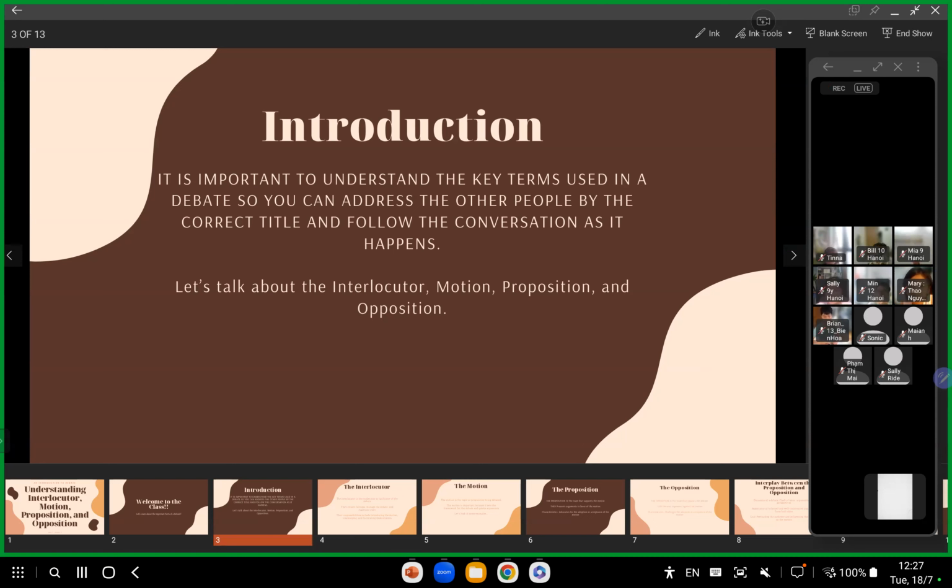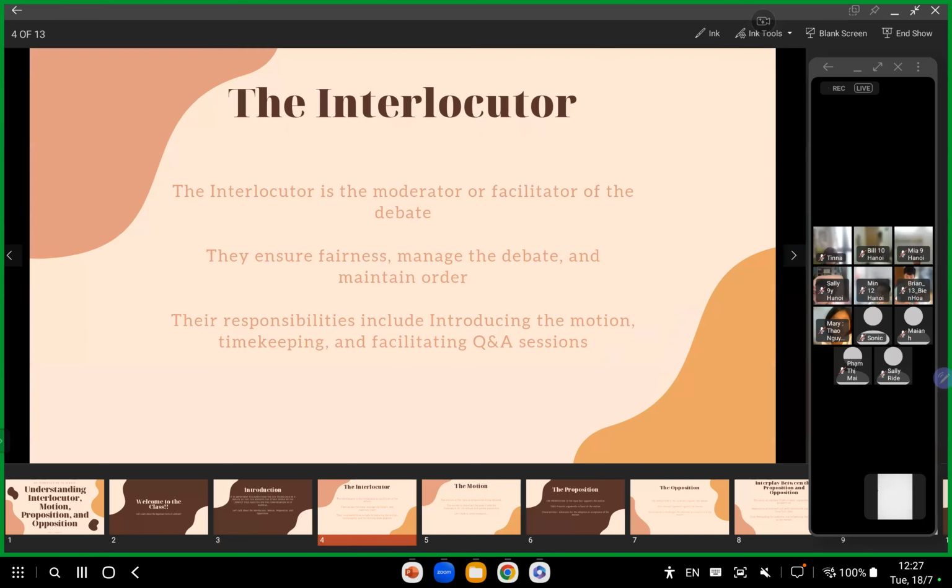We know once we understand the motion of the debate that we are able to work out which types of arguments we should make based on what team we're on. And one thing I just want to add for the interlocutor is another word that you might hear them called.